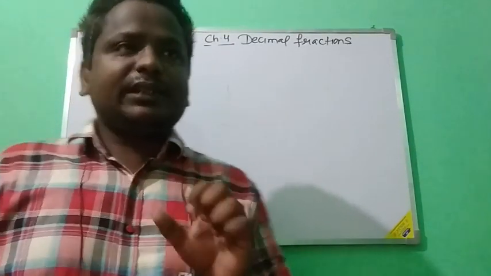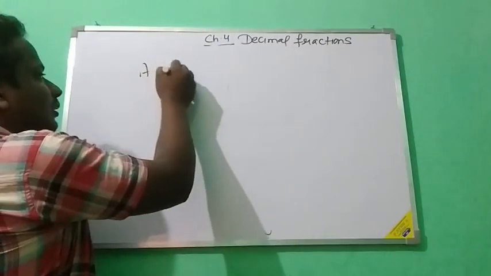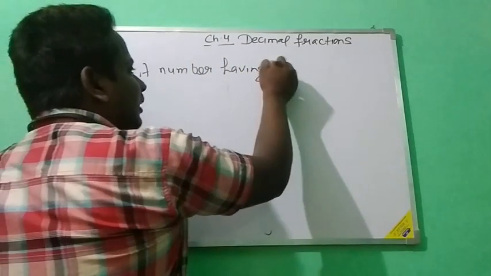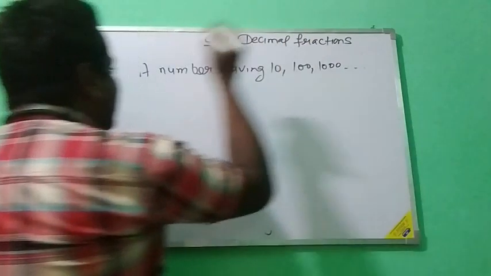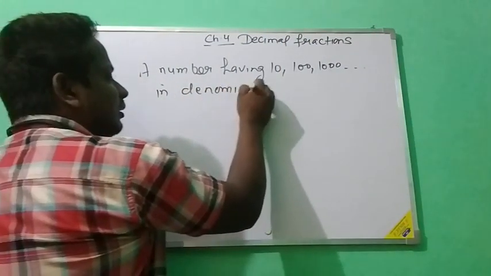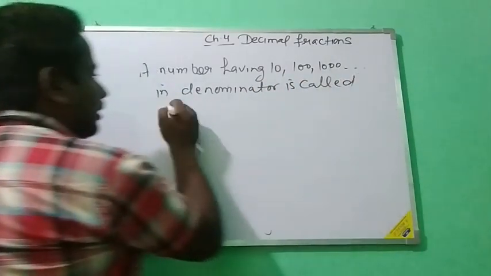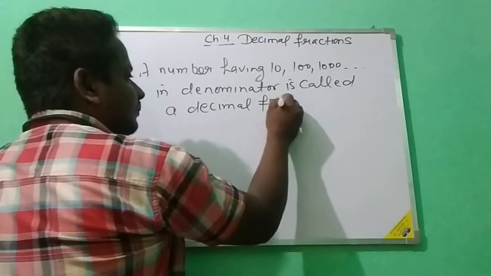We can simply say that a number having 10, 100, 1000 in the denominator is called a decimal fraction.